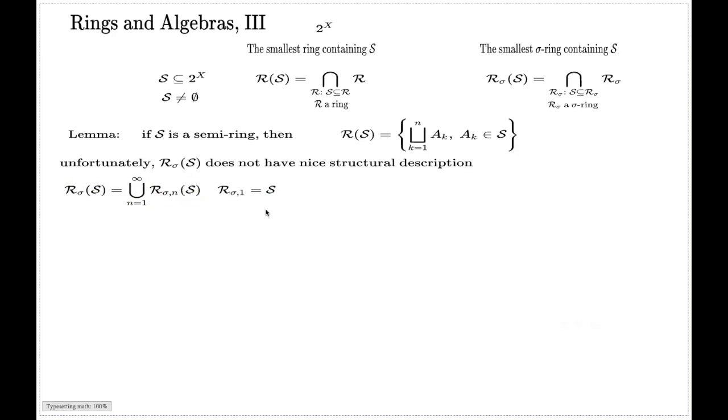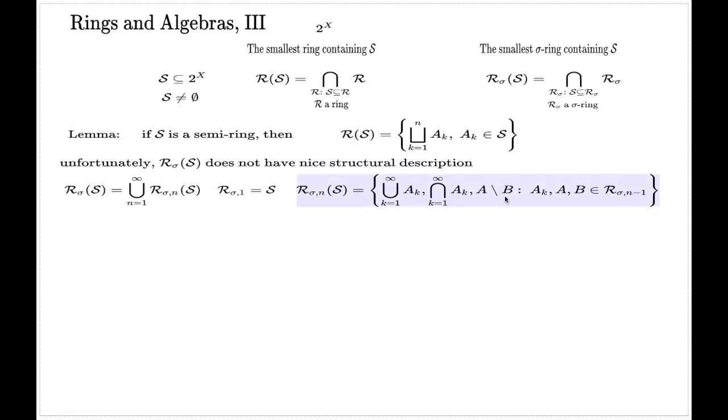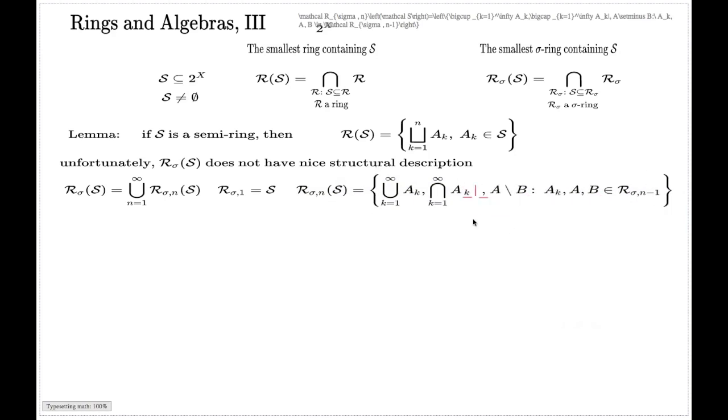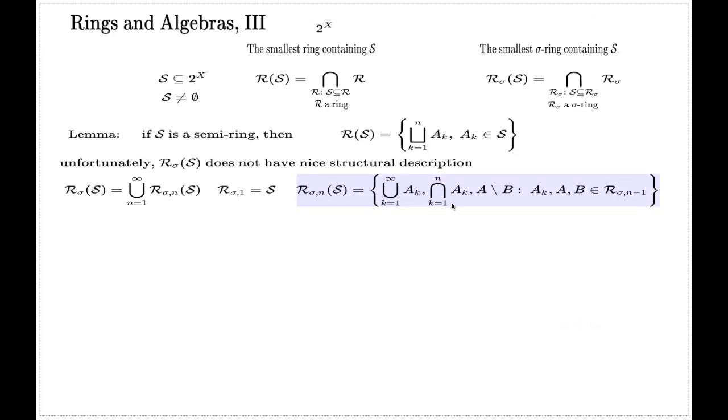The first, R sigma 1, is just your initial family S, initial collection S. And every next one you define inductively as the collection of all possible countable unions, finite intersections and set differences, where the A_k, A and B are elements of your previous collection. In fact, I have to correct myself: not countable intersections, but finite intersections. Finite intersections.